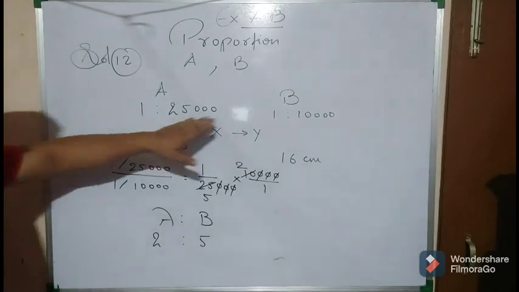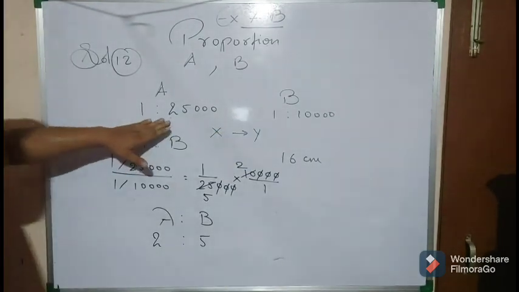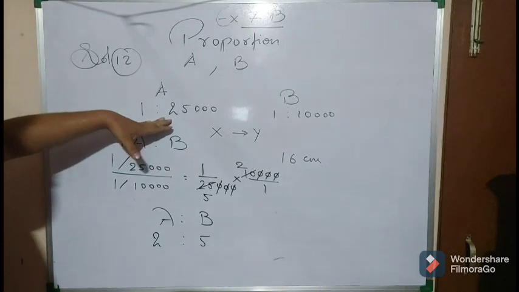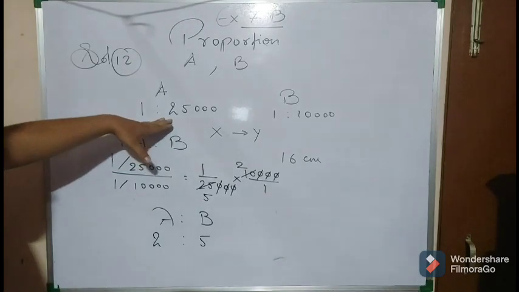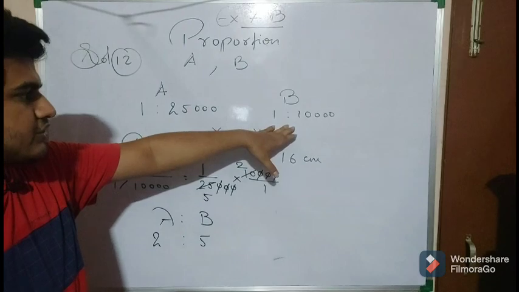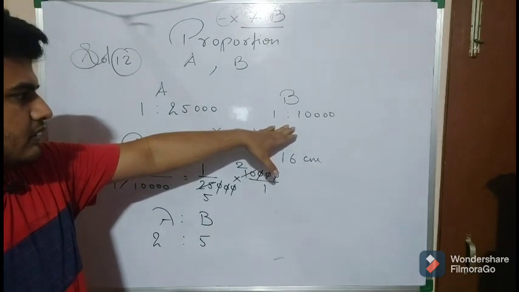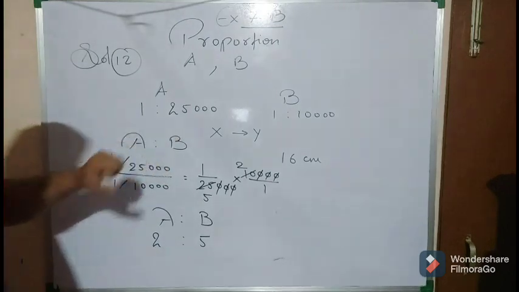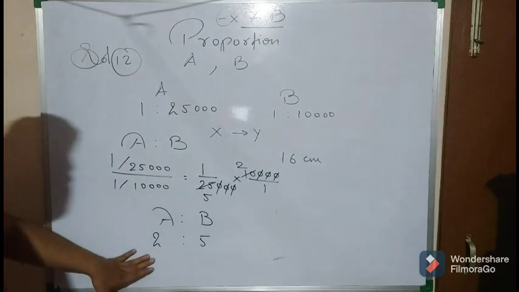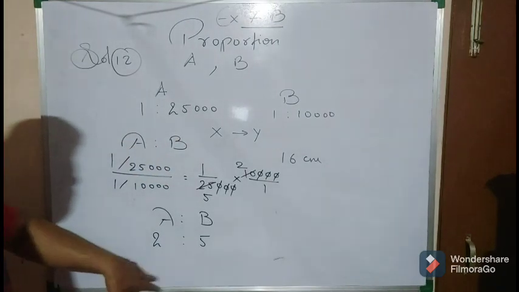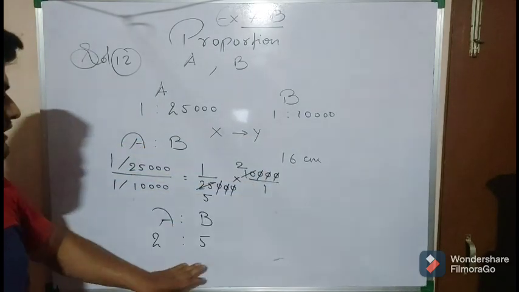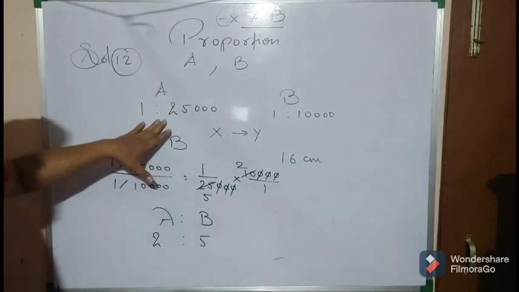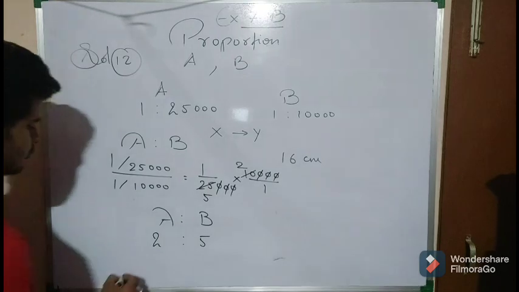Between the two scales, this is representing a larger value in smaller space, and this is representing a smaller value compared to this one. So the smaller value 2 will be for B and the larger value 5 will be for A. We will reverse the ratio.